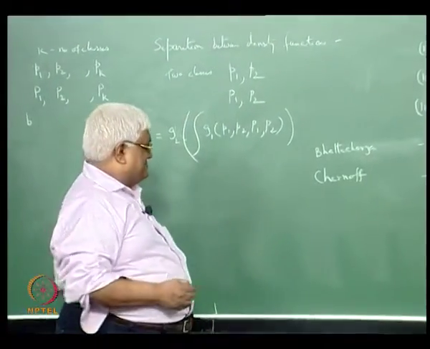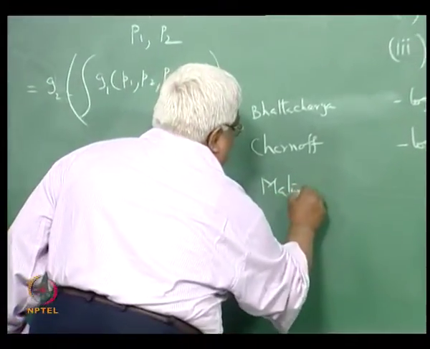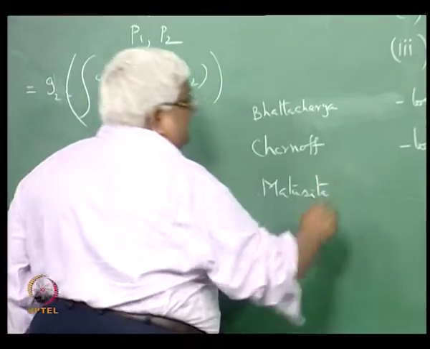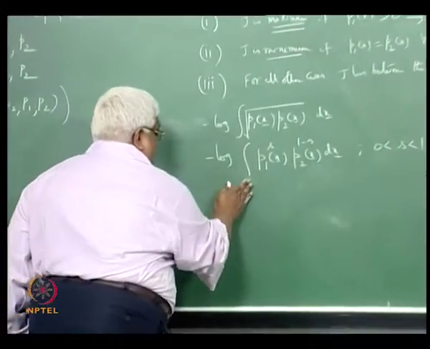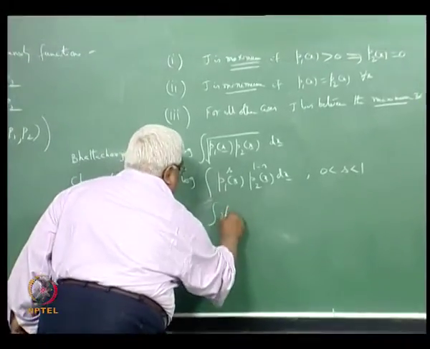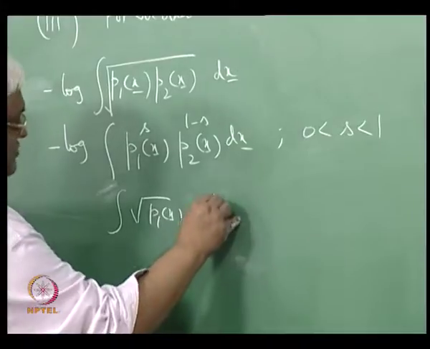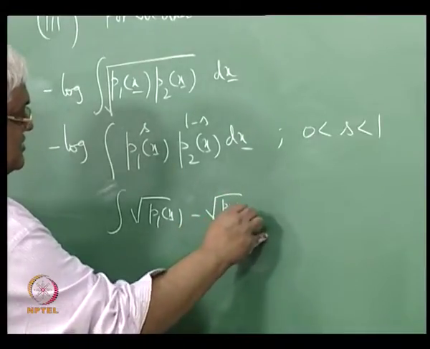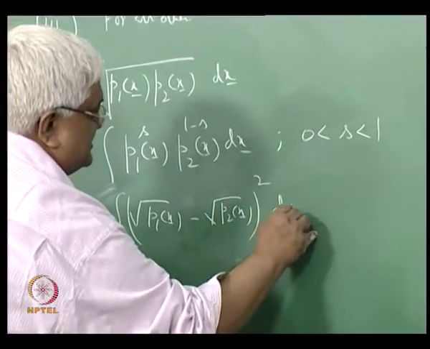And Matsushita, there is Matsushita there. How did he do it? This is integral square root p 1 x minus square root p 2 x whole square dx.